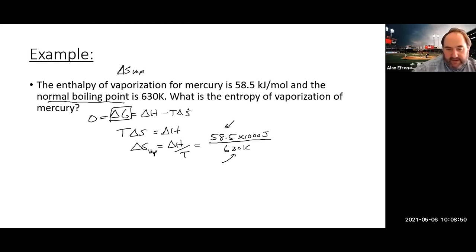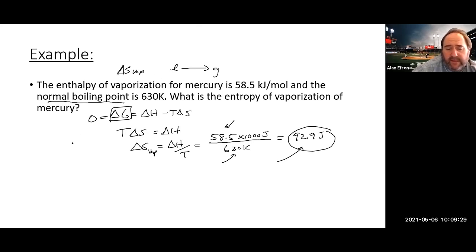That's 58.5 times 1,000, divided by 630, and it looks like we get something like 92.9 joules per Kelvin, which is what we would anticipate, as we are going from liquid to gas in this case. So we do get this positive delta S value for the entropy increase.